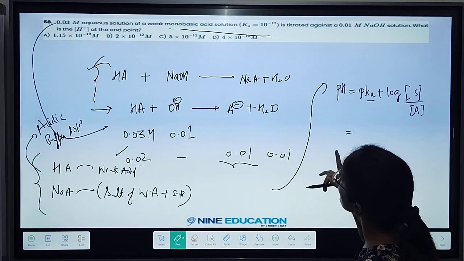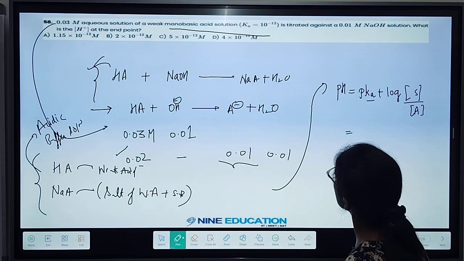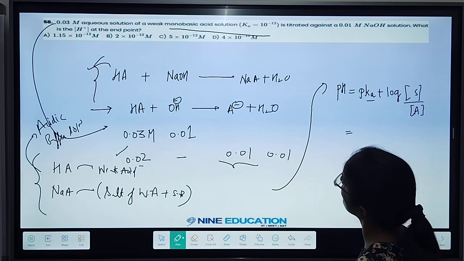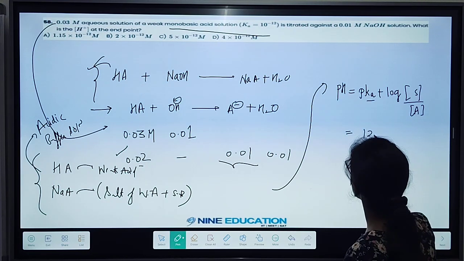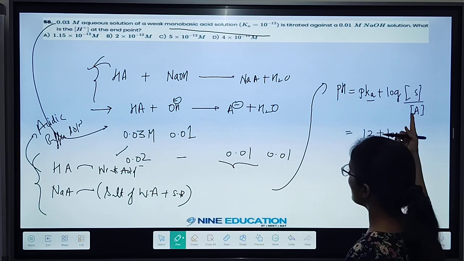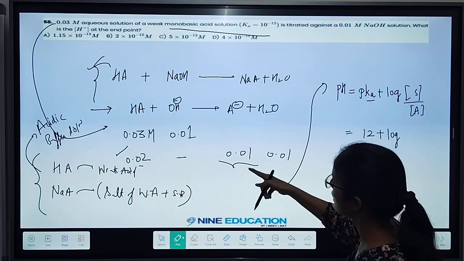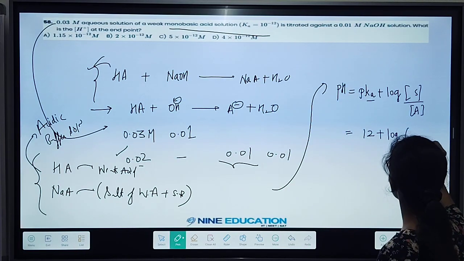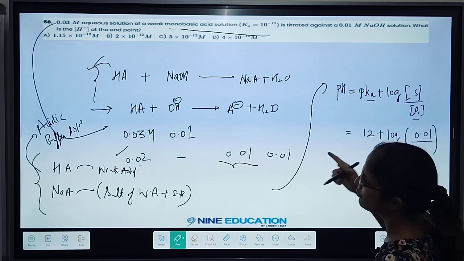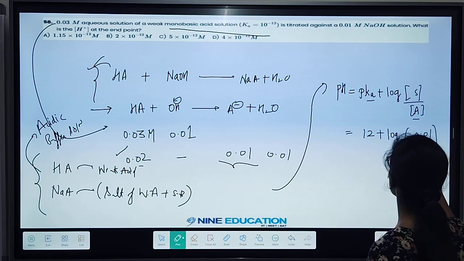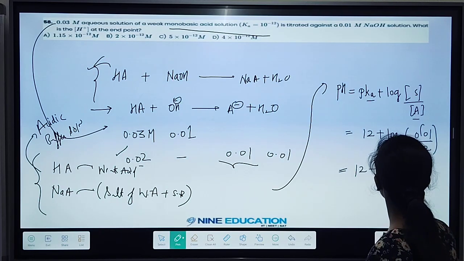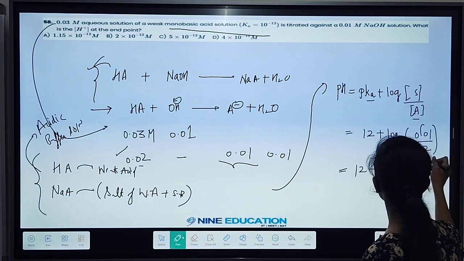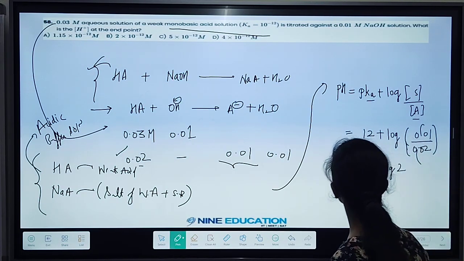Ka for this acid is already provided. pKa will be minus log of 10 raised to power minus 12, so it will come to 12 only. 12 plus log, the A minus or salt concentration here is 0.01, and for the acid it is 0.02. So it will be 12 plus log 1 by 2. So I can write it as 12 minus log 2.